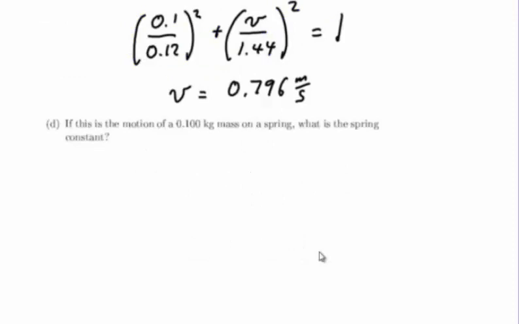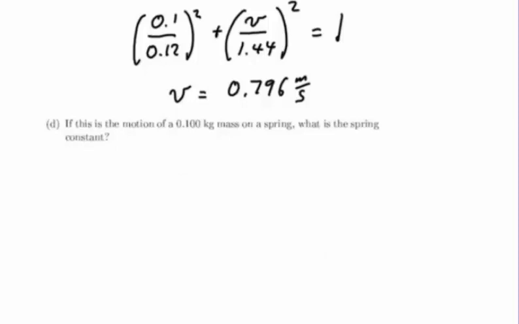Finally, and only in Part D of this problem, do we actually describe what the physical situation is governed by our equation x of t. Part D says if this is the motion of a 0.1 kilogram mass on a spring, what is the spring constant? When we decide what is the physical kind of motion, we are referencing the value of omega.